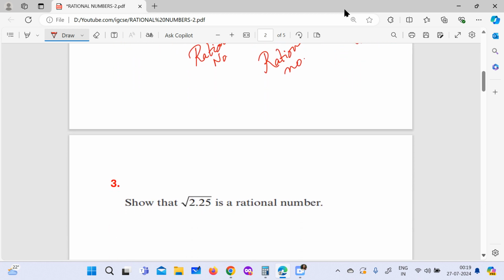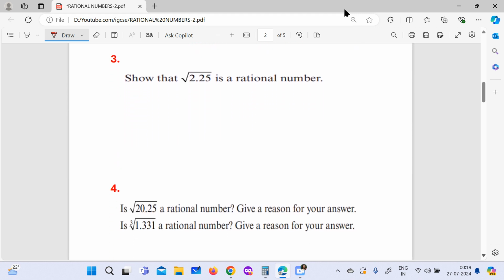Now let's go to the next question. Show that square root of 2.25 is a rational number. This is a rational number if we get a whole number or a terminating decimal as the answer. Let's see how to work on this. Square root of 2.25 can be written as square root of 225 over 100, which is square root of 225 upon square root of 100.